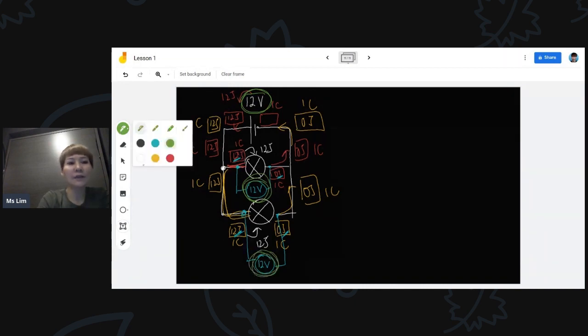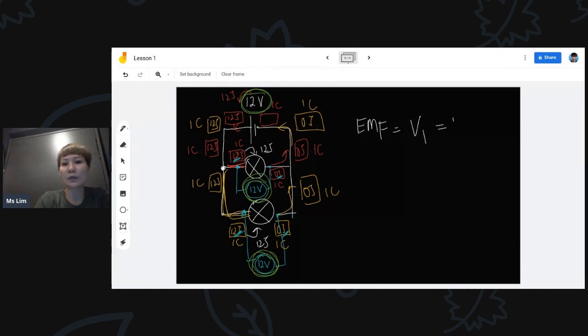Therefore the formula is that the EMF will be equal to the total EMF across the first path, which will be equal to the total EMF across the second path, etc. So this is the relationship between EMF and potential difference in parallel circuits.